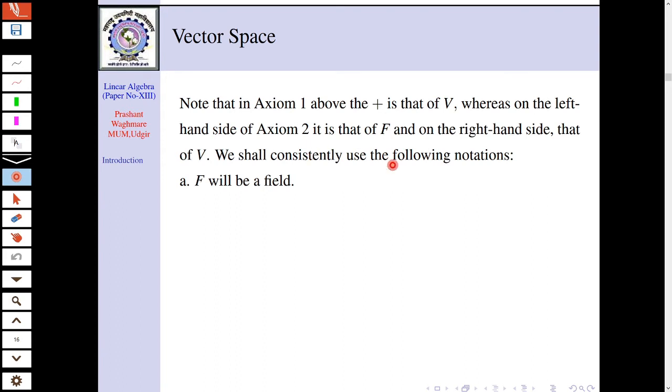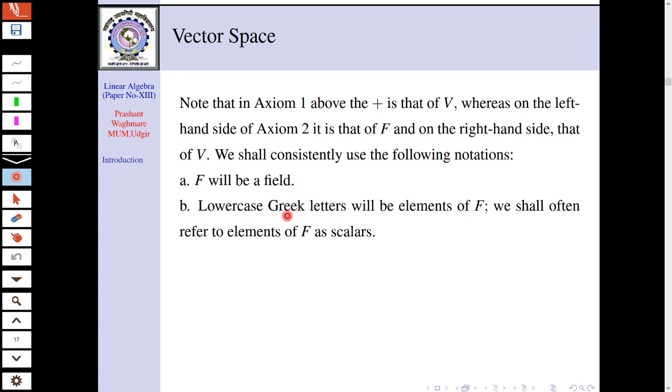Also we are going to fix some notations. Afterwards we are going to use F only as a field, and lower Greek letters will be the elements of F. That is alpha, beta, gamma.